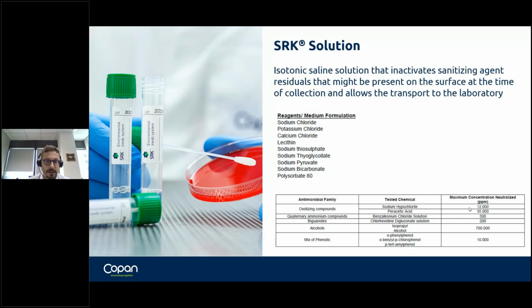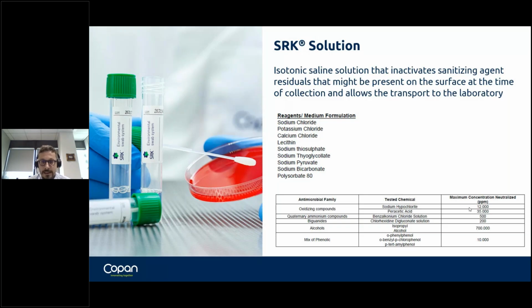So you are removing all those inhibitory chemicals that can kill the bacteria, making them not detectable anymore by culture, as well as preserving the viability during the period between the collection and the analysis, which are not necessarily immediate.